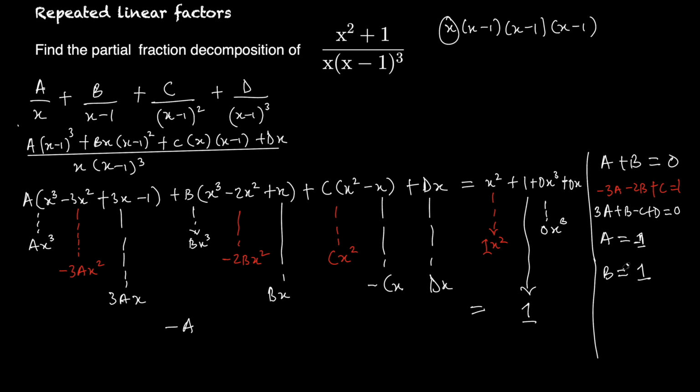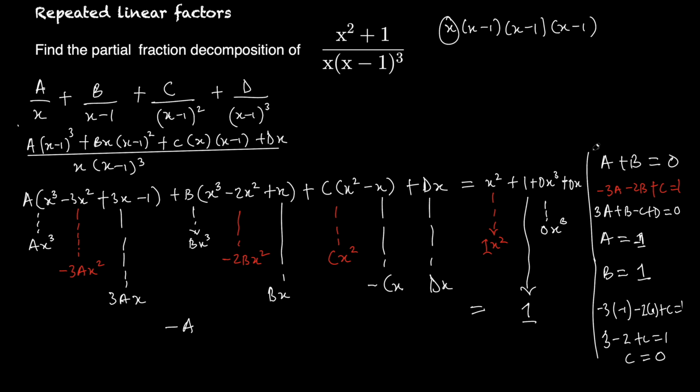And if you take that to the second equation, we have -3 times -1, minus 2 times 1, plus C equals 1. So this is 3 minus 2 plus C equals 1, so C equals 0.